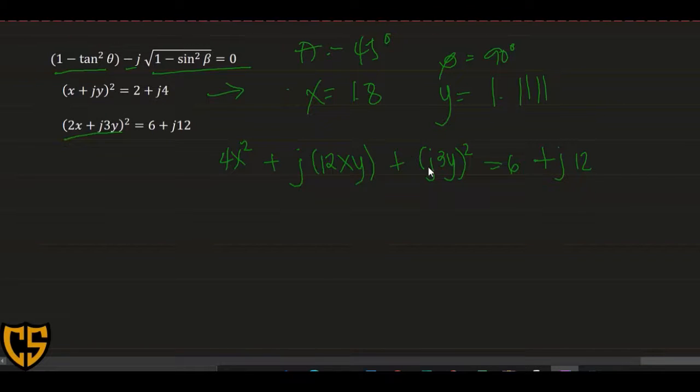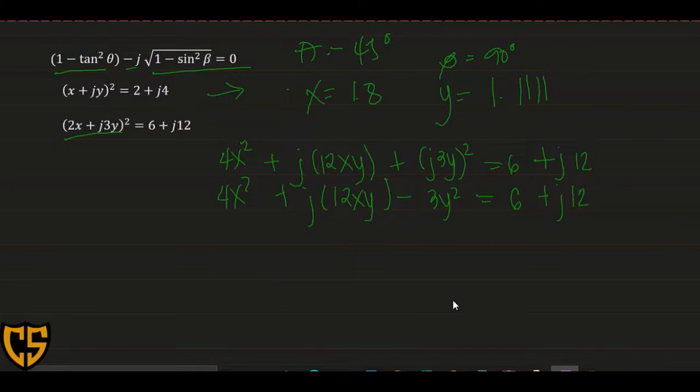So we know that j squared is equals to -1, so we can simplify this. So this will be equal to -1. So we have 4x squared plus j times 12xy minus 3y squared is equal to 6 plus j12. So now we are going to separate ang aton nga real nga part kang imaginary part.